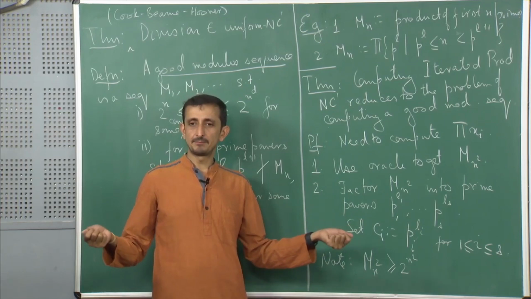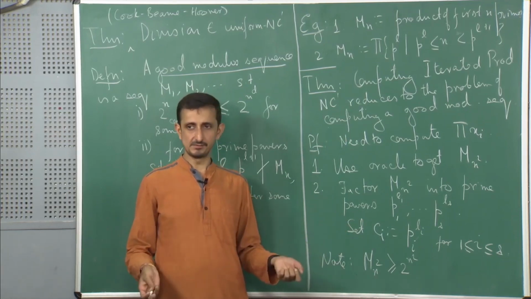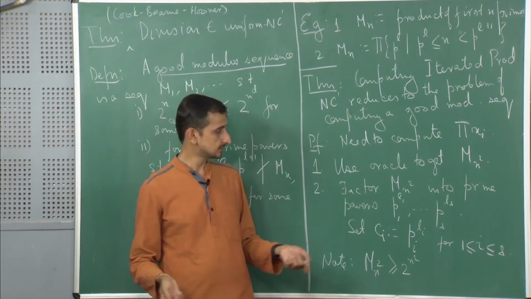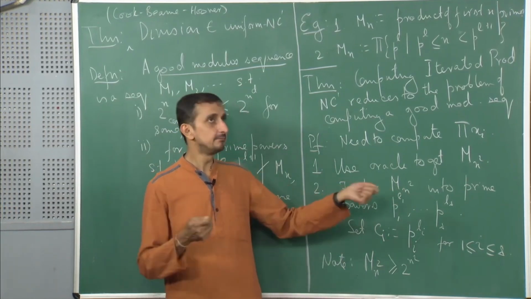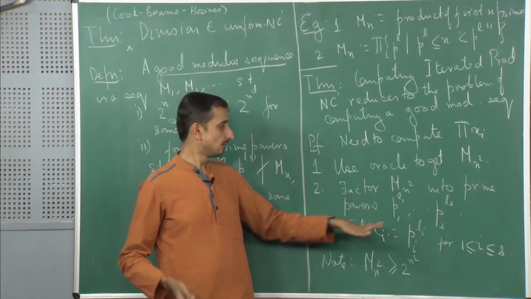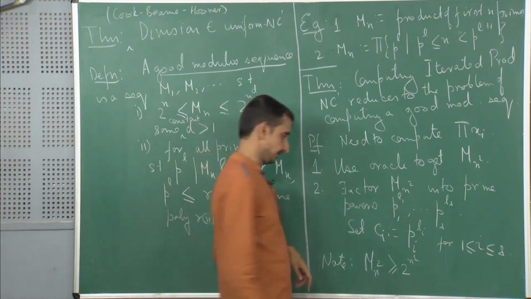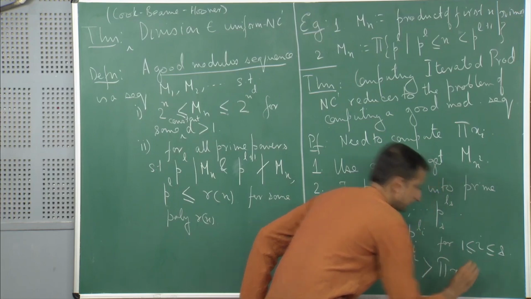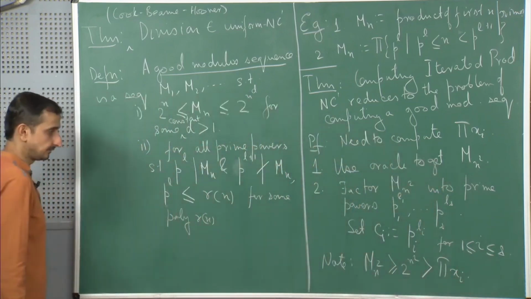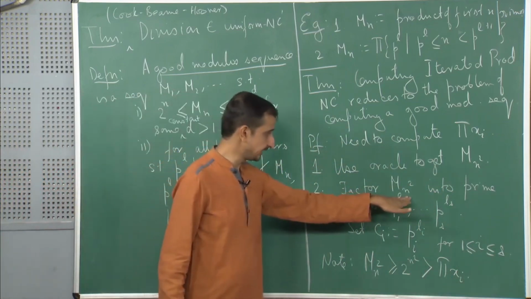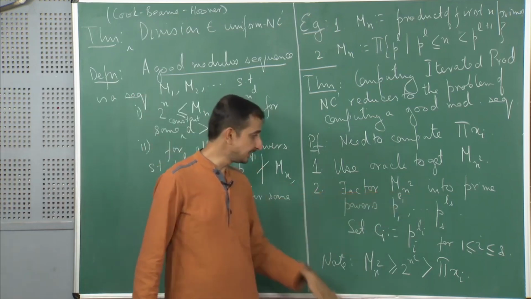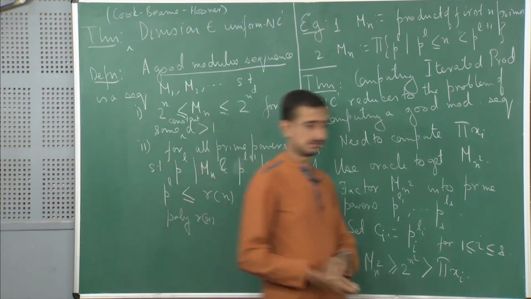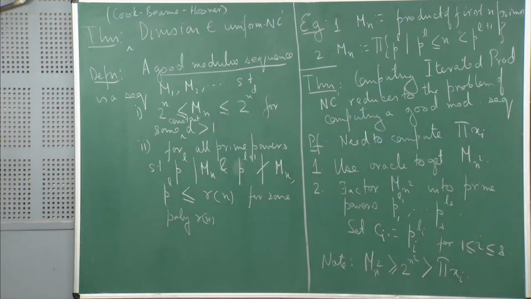There are n of them that I am multiplying, so how large can the product be? The product is again at most, actually it is n bits, so it is 2 to the power n minus 1, but whatever. So it is 2 to the power n square, right. So this is strictly greater than the product of xi, right. So basically this term that I am factoring, okay, is bigger than the product, okay. In other words, the product is bounded by this thing, okay.